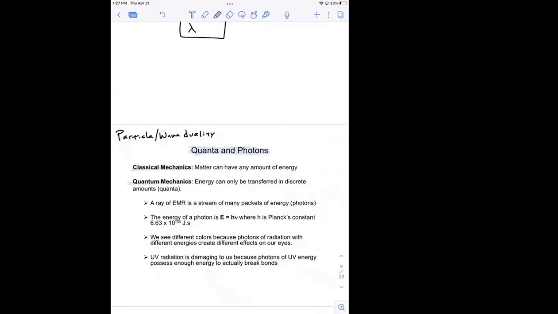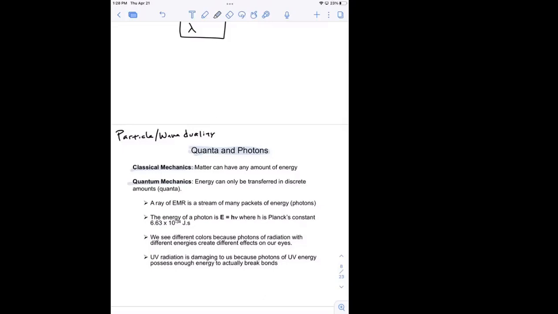But quantum mechanics, which is well beyond the scope of this class, is more of a physical chemistry and physics area of study. The quantum part means that light or energy is quantizable, meaning that you can package it up in small packages and it can only be transferred in these discrete amounts, not unlimited amounts.